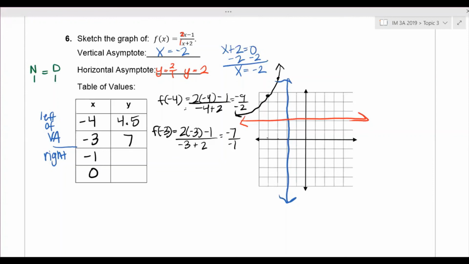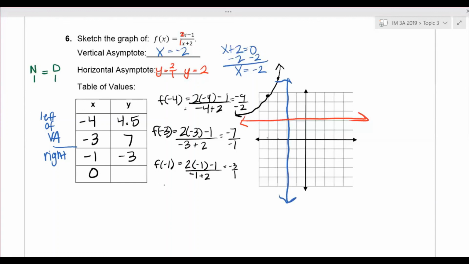And then we still need to plug in -1 and 0. So f of -1 is 2 times -1 minus 1 over -1 plus 2. So that's going to be -3 over +1. So that's going to be -3.